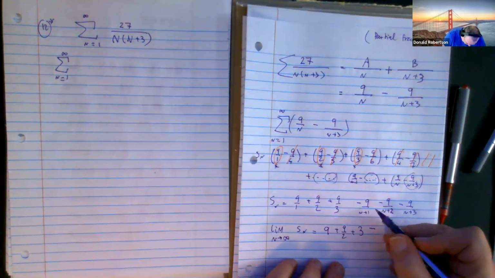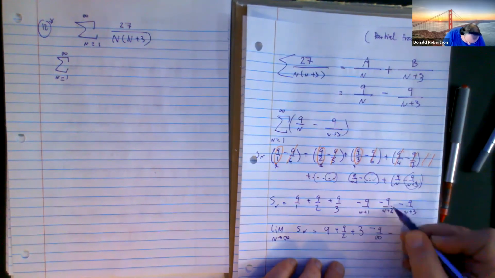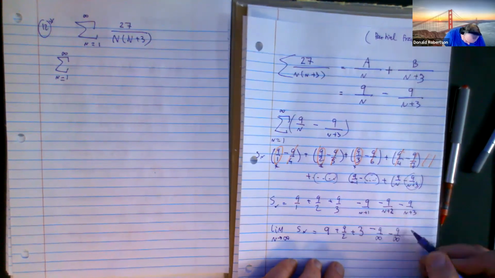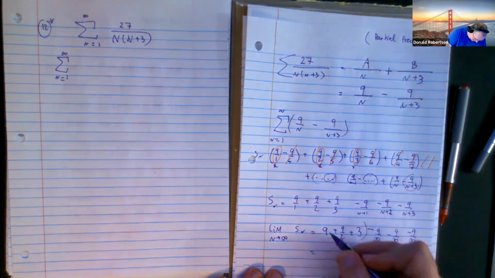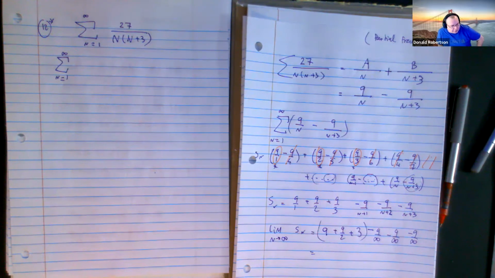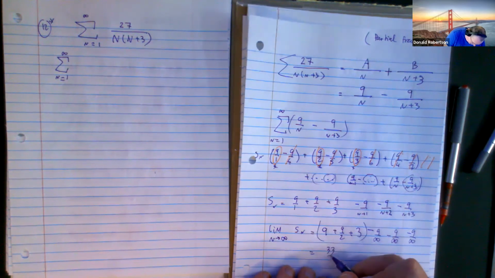Brute force, 9 over infinity, which is 0. 9 over infinity, which is another 0. And 9 over infinity, which is yet another 0. So essentially, that's the answer, which is what, 12, 4, 16.5. So that's 33/2.